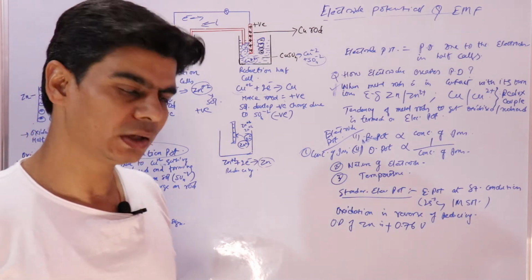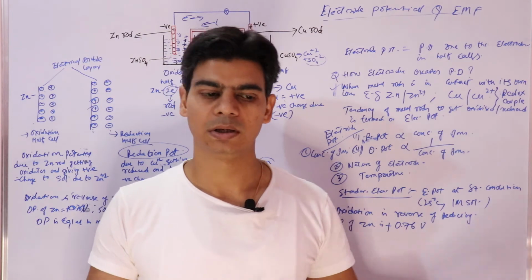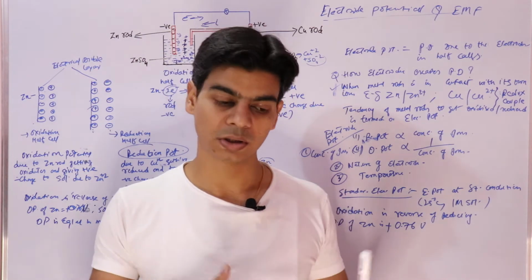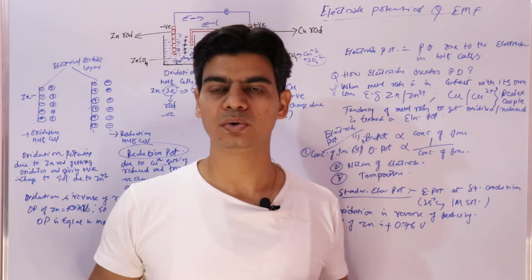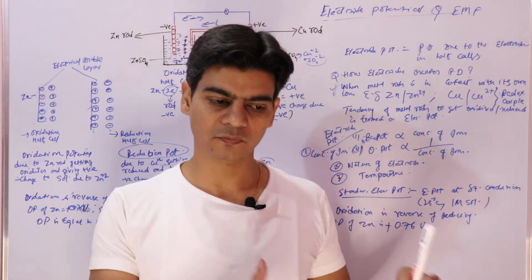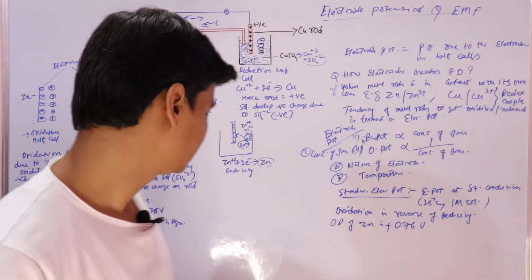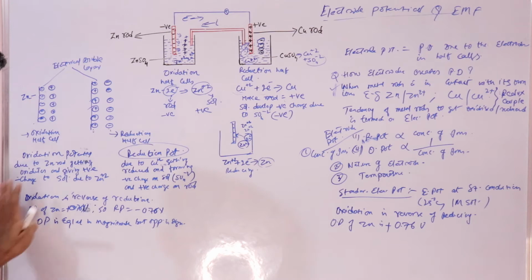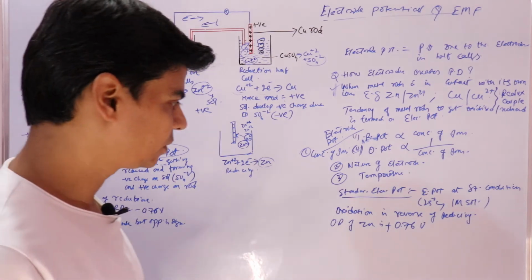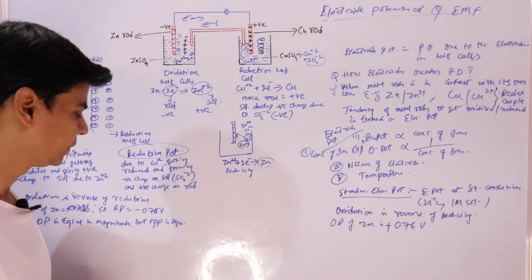So in numericals, if one is given and you want to calculate the other, just reverse its sign. This is an important relationship between oxidation and reduction, because we will be using it a lot in numericals.